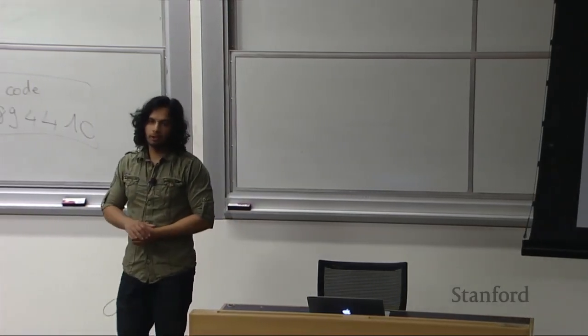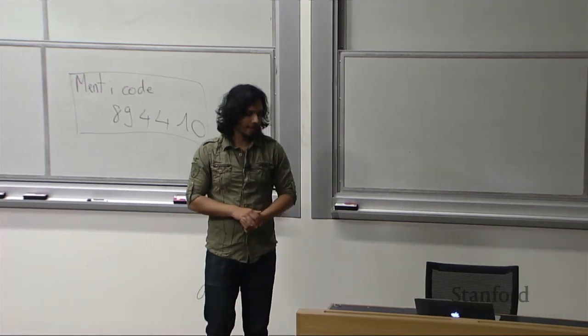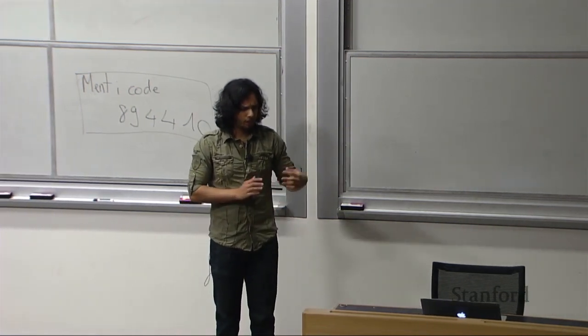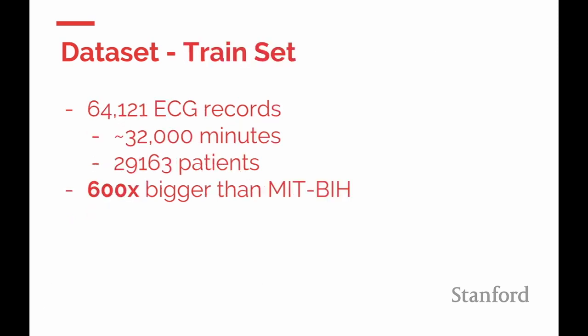So one thing that was cool about this project was that we got to partner up with a startup that manufactures these hardware patches, and we got data off of patients who were wearing these patches for up to 2 weeks. And this was from around 30,000 patients.